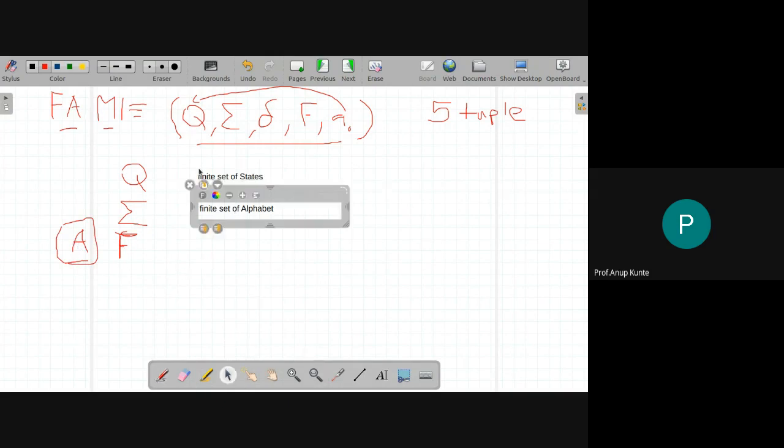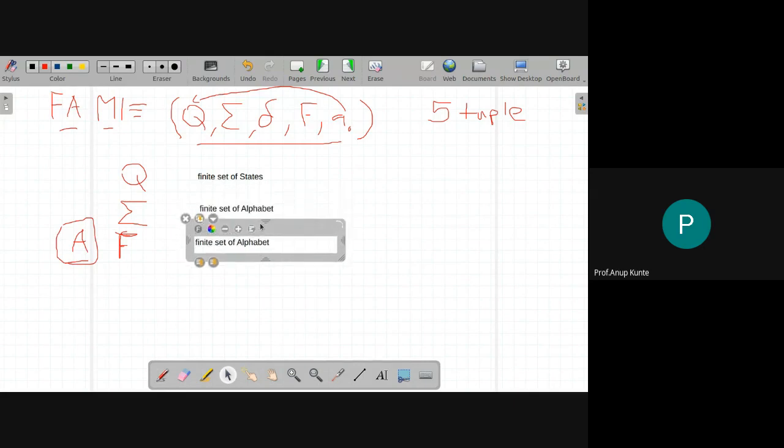But for now consider that this is again finite, but it is a subset of the set of states.